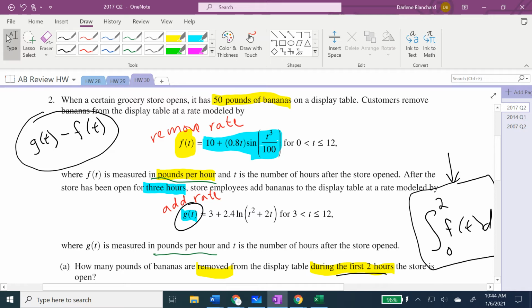The function that I had on my graphing calculator was actually the subtraction already, because you can select and deselect, but I'll say that in a minute. It's going to be easiest if you put the g of t minus the f of t in your calculator as a y3. That way you don't have to write down two different numbers and then put them in your calculator and subtract them.